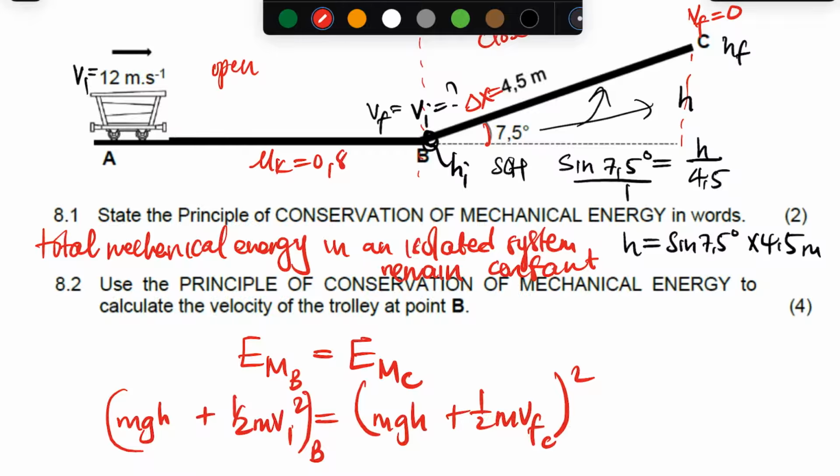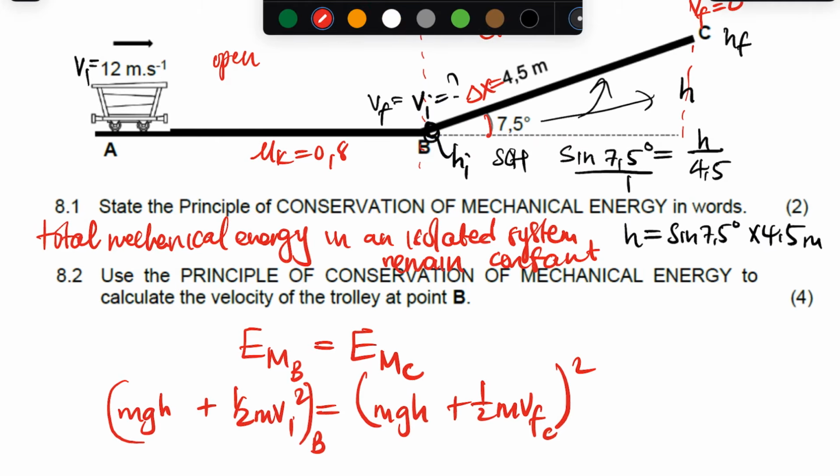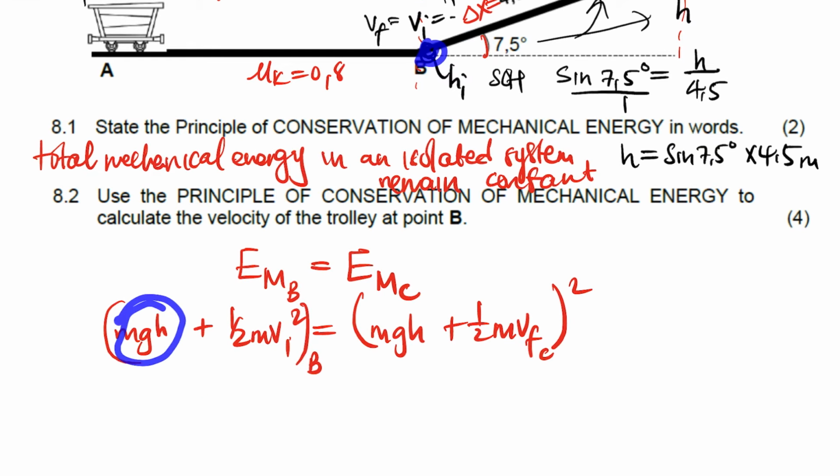And then we substitute. When we talk about B, we're talking about this point. At B, since there's no height here, guys, the gravitational potential energy will be 0. You put the mass and the 9.8 and the height is 0. So everything here will be 0, right?